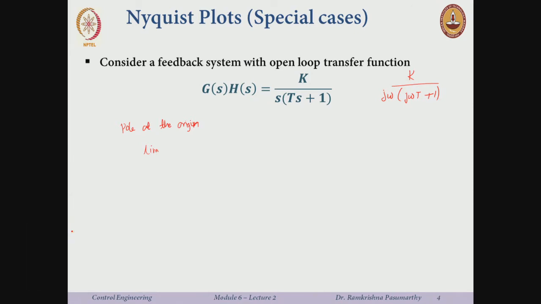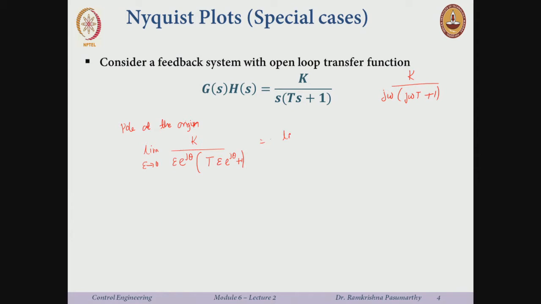I take the limit as epsilon goes to 0 of k. What is S now? S is epsilon e power j theta. Then I will have epsilon e power j theta times epsilon e power j theta plus 1.